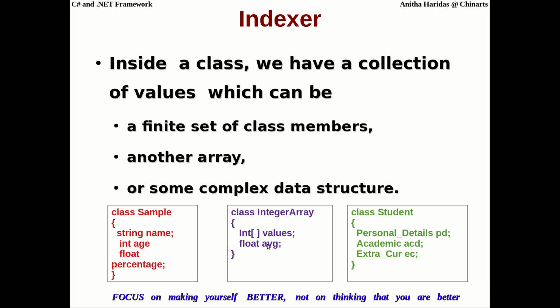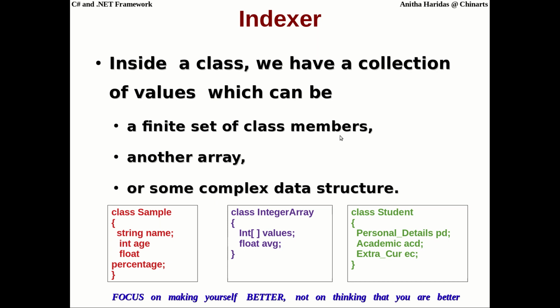When I say elements of a member, if you have an integer array, say values is an integer array, then values of 5 is an element of this integer array. Values of 10 is an element of this integer array. That is what it says.